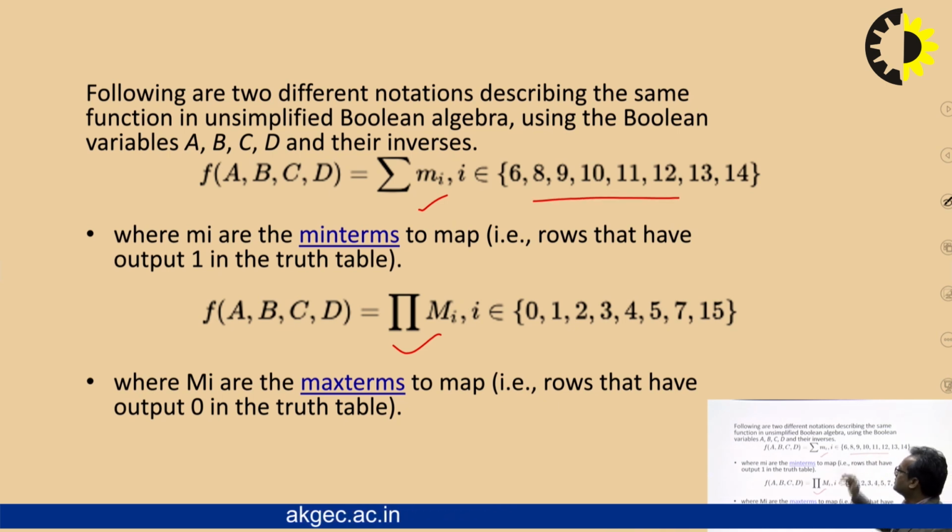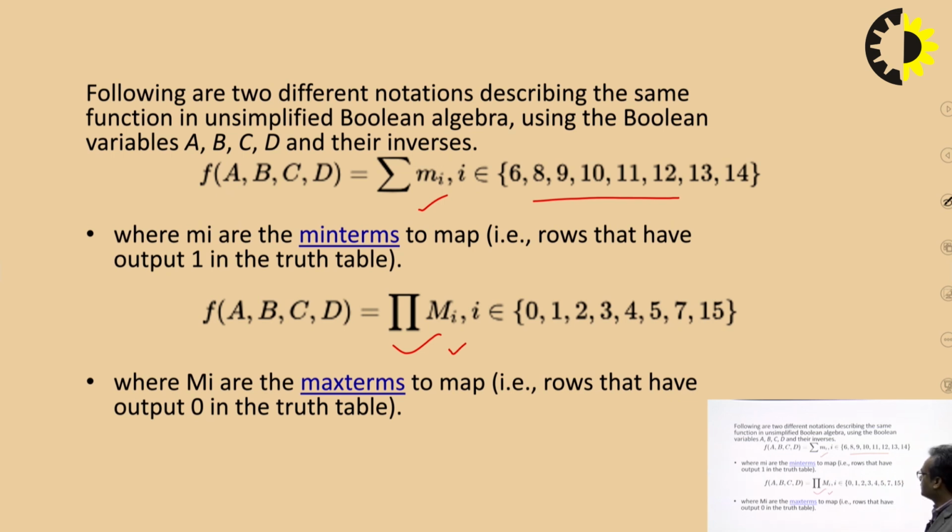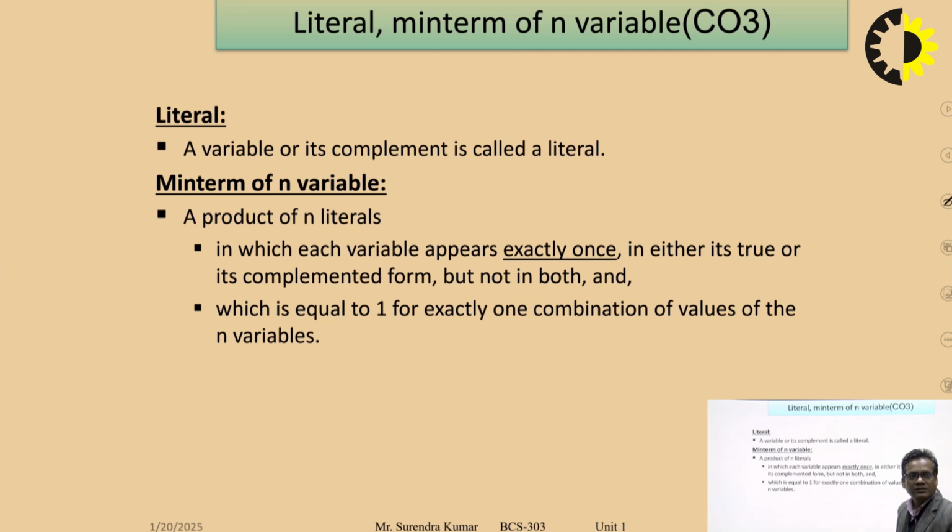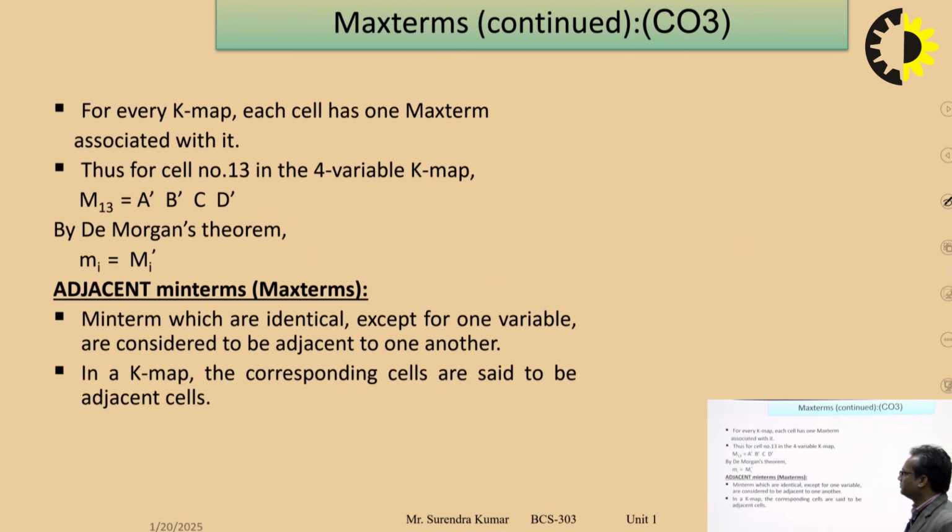That means these are the truth values containing 1, and for POS format, the max terms are the truth value 0 for the given numbers, or you can say it is complemented format. Where it stands for 1, it is a min term; where it stands for 0, it is a max term. Small m is considered a min term and capital M is considered a max term.